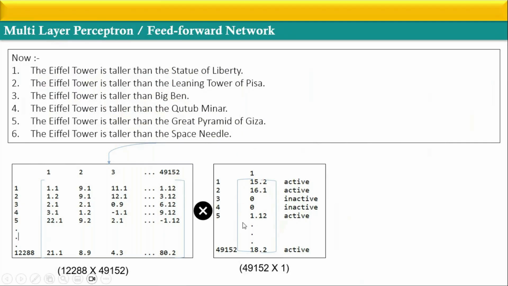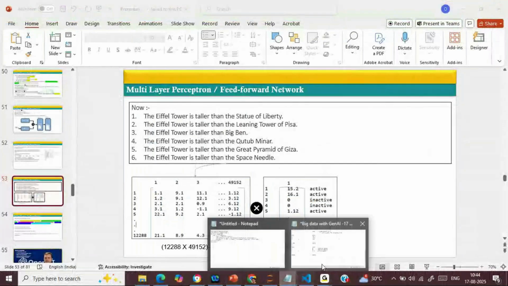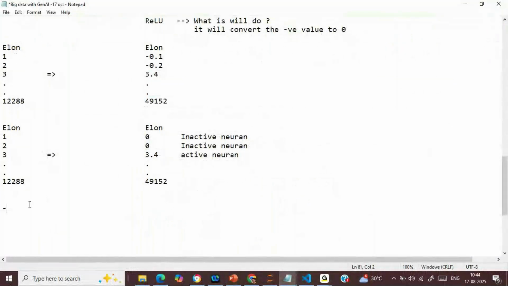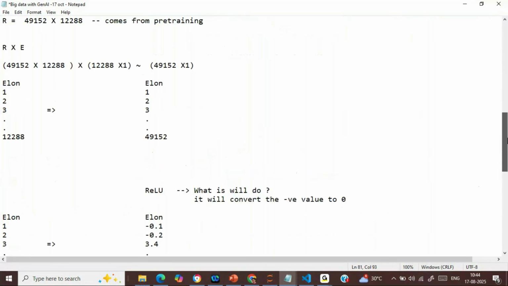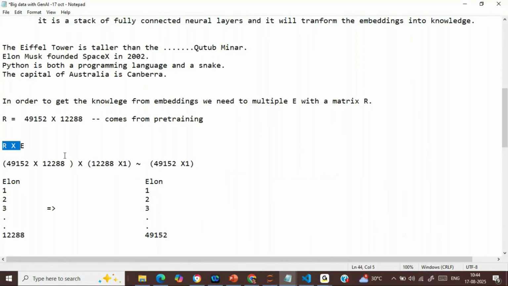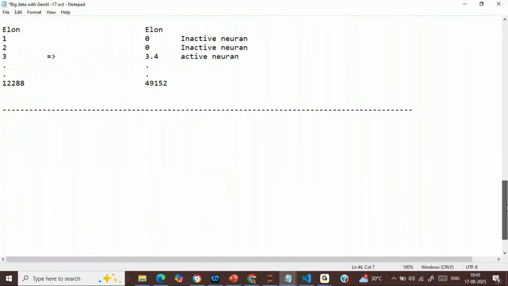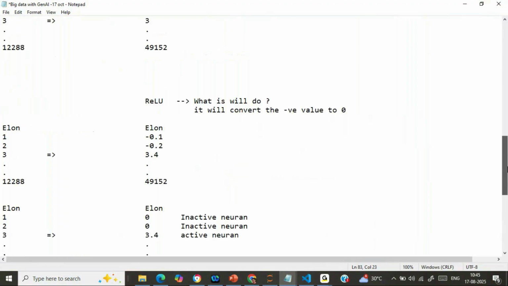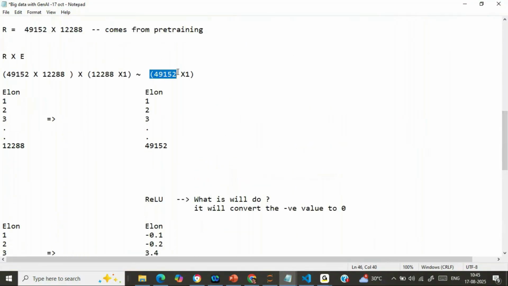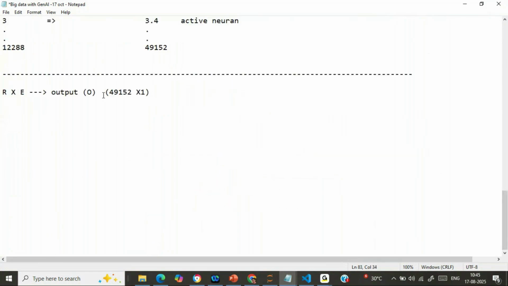So what we have done so far, just have a look over here. We have done the matrix multiplication R and E, and we got the output as say O, a matrix of this particular size.